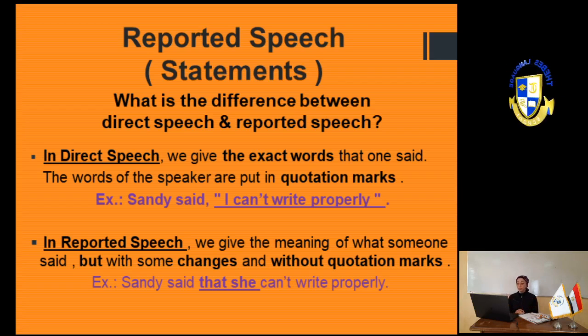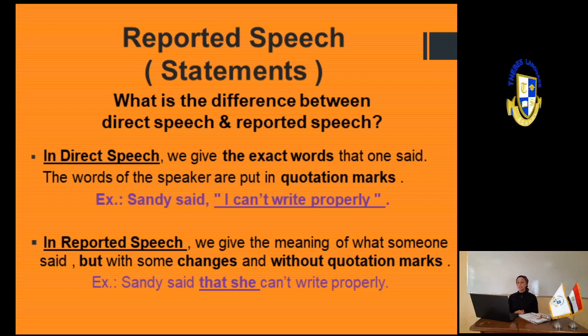For example, Sandy said, "I can't write properly." So if you notice here, we have the quotation marks that indicate the direct speech, or the direct words that the speaker said.